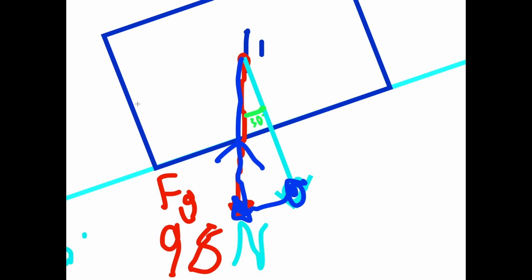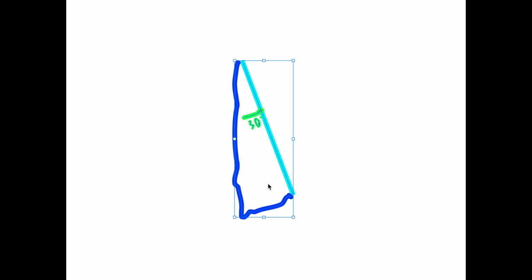Now we can use basic trigonometry to figure out this, right? So what we're going to do is select all of this, copy it, and bring it down here and paste it.